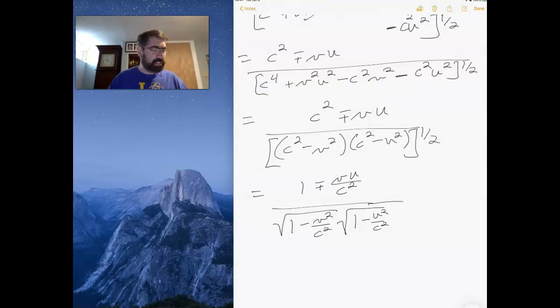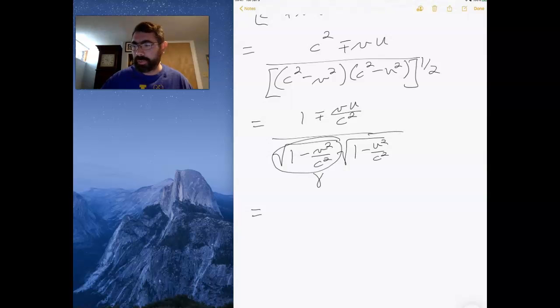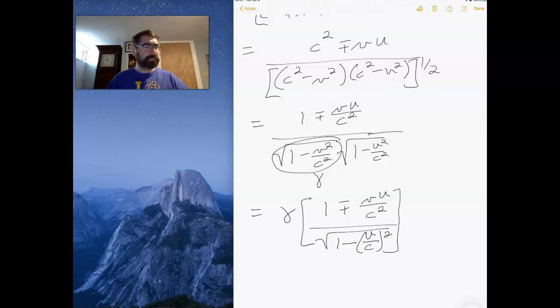And if I look at that, this is just gamma from the S frame. And so in the end, what I would get is a gamma times 1 ∓ vu over c squared, divided by the square root of 1 minus u over c quantity squared, like so.